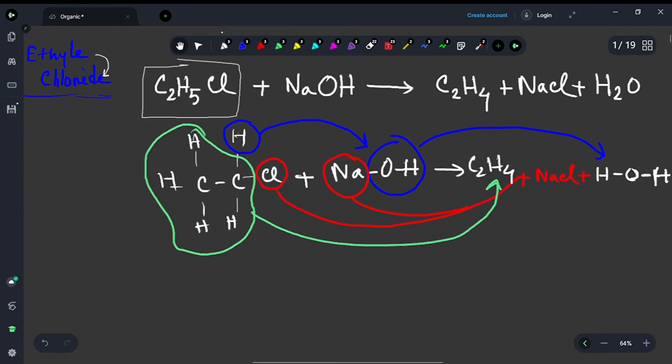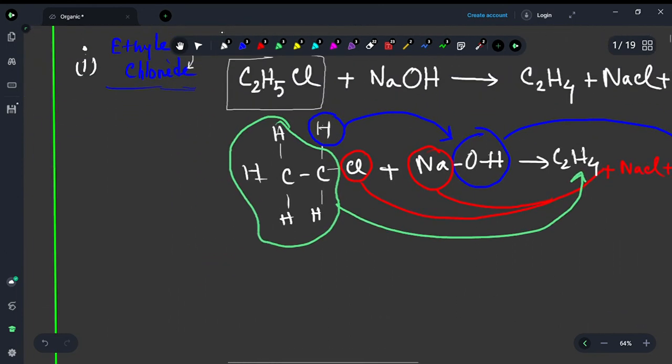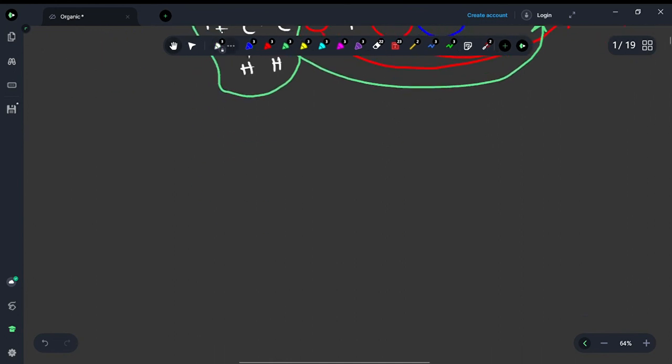And now let's just find out our second way of making alkene. So we can make alkene from ethanol also. Let's take ethanol. And how can we produce ethanol? You know, it is an alcohol, as it has OH.